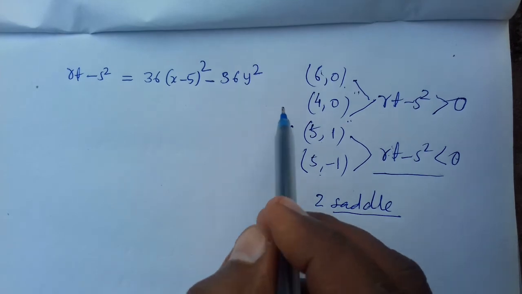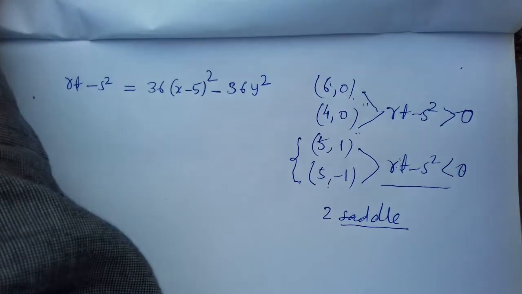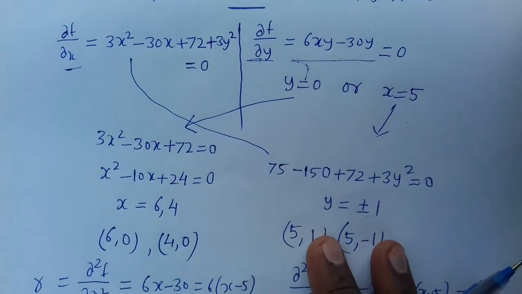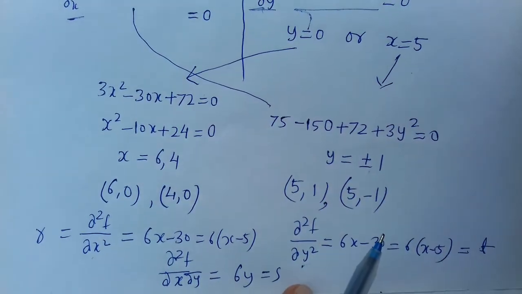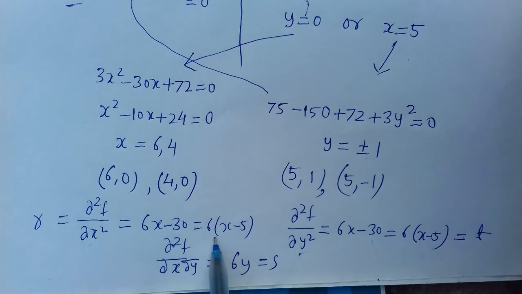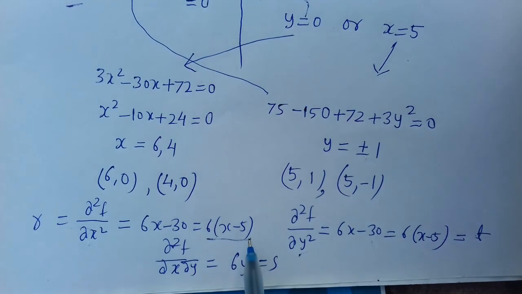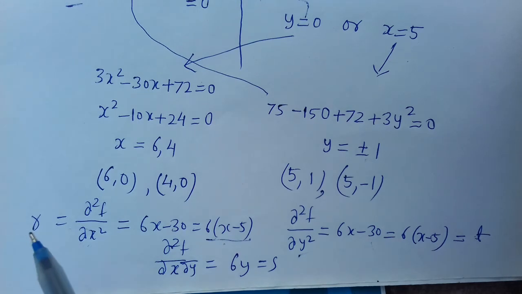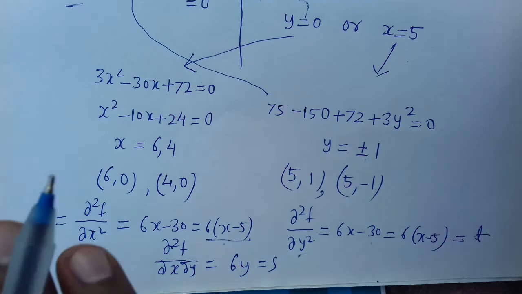Now if you put (6, 0) in r and (4, 0) in r, then you will have at one time r positive and at one time r negative. So the number of maximum and minimum points is 1 each.